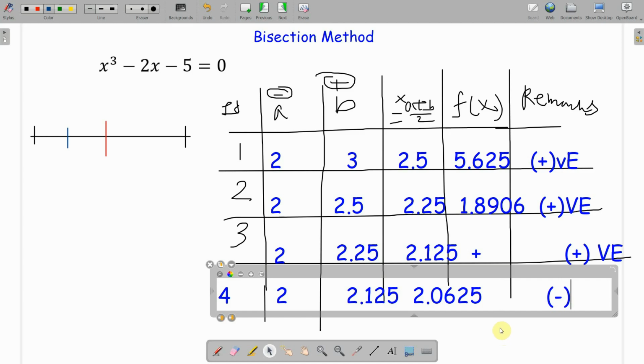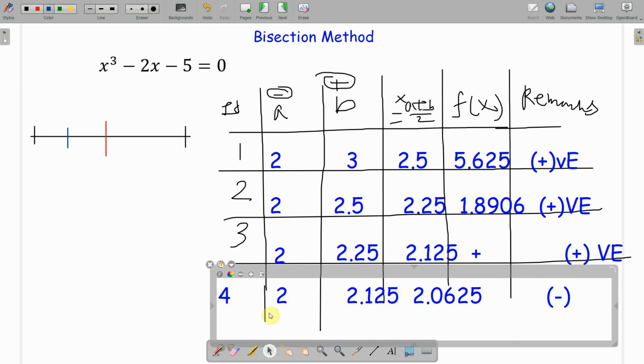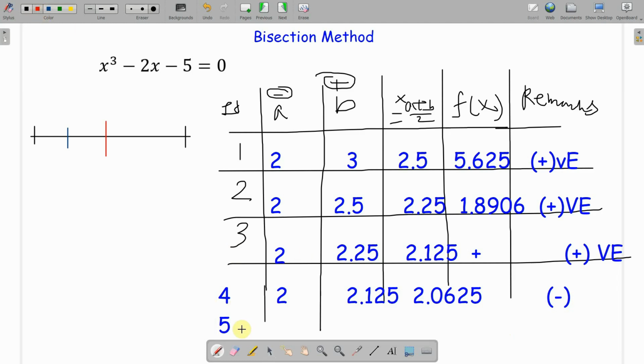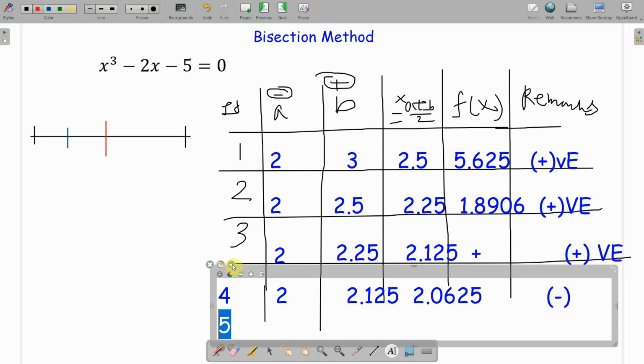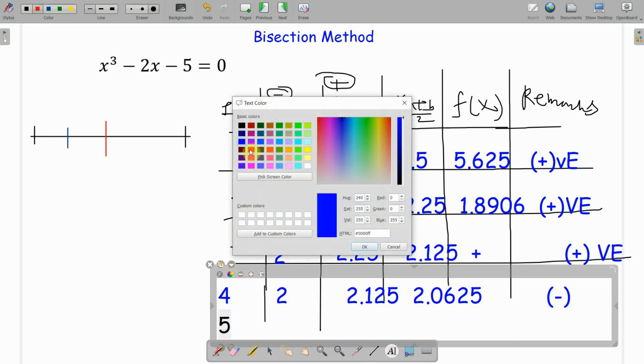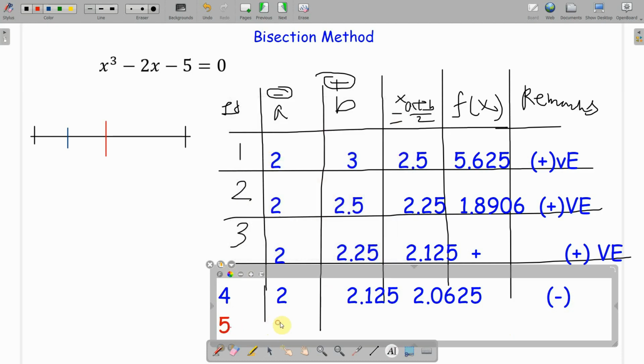For the fifth iteration, you will be changing the value of A or B. You will be changing A, right?